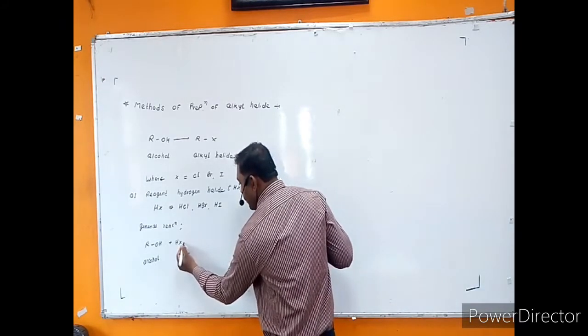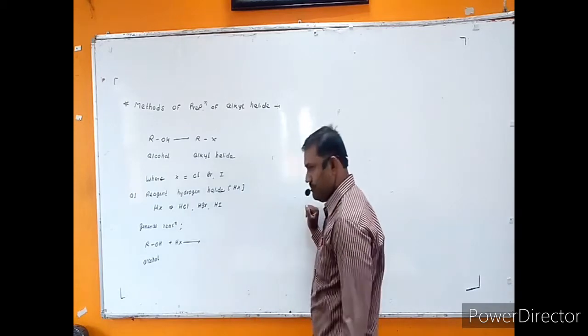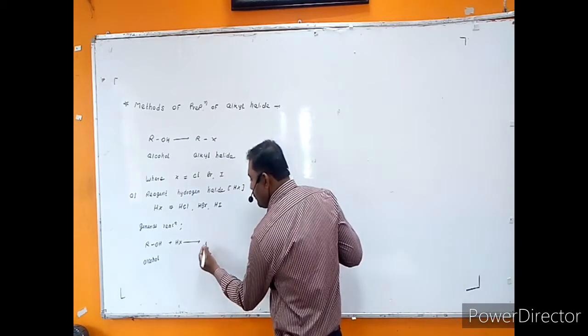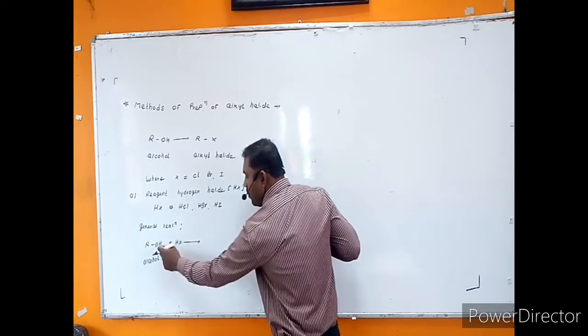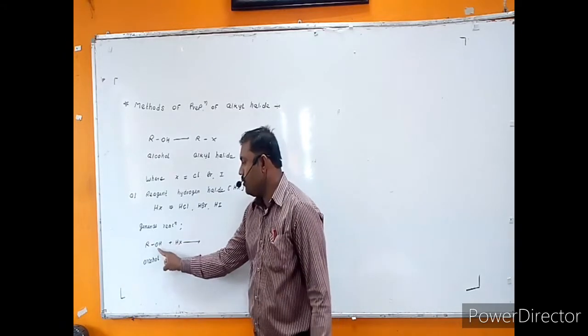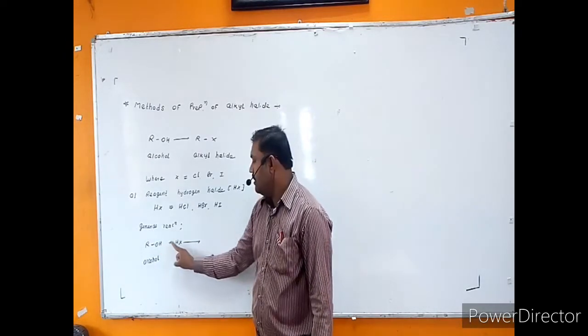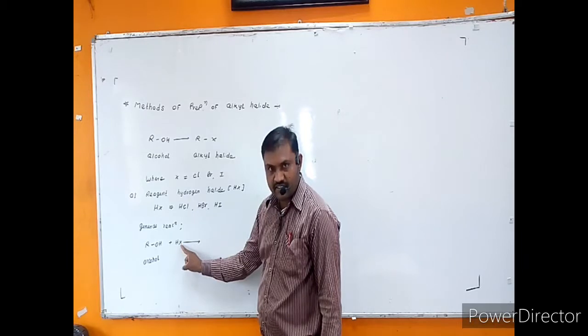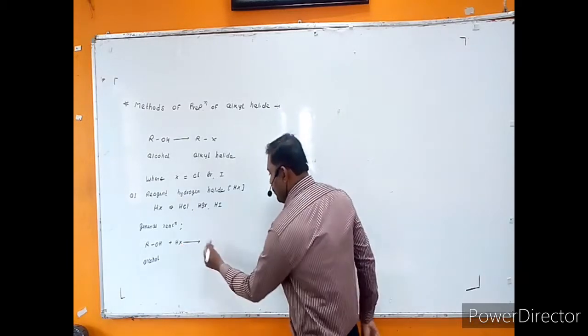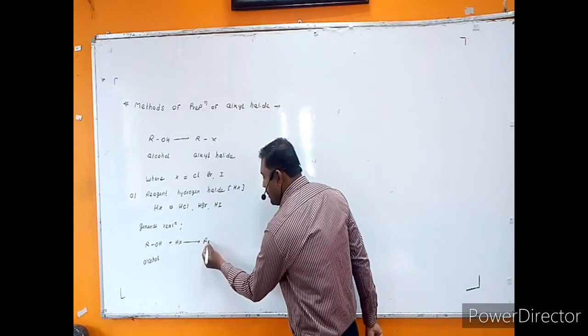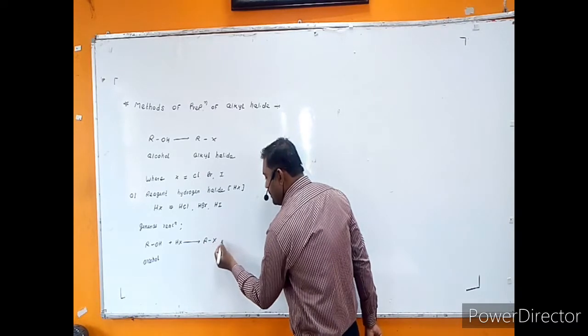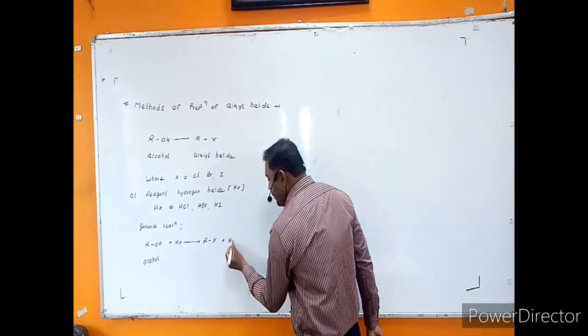Clear? Now we get product. So what kind of product do we get in this reaction? The OH group of alcohol is now replaced by X, that is halogen. Now we get product like this, RX, along with byproduct H2O.